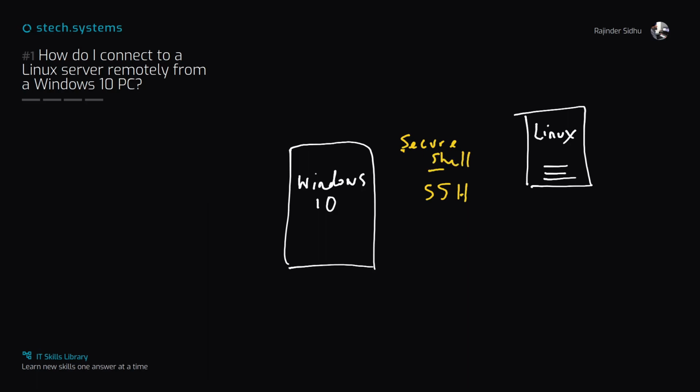SSH works with a private key and a public key. SSH is a secure way to connect to remote systems because data is encrypted as it's sent back and forth.